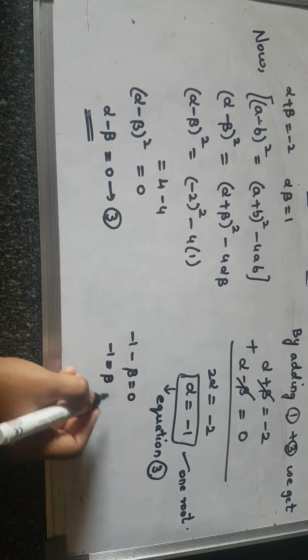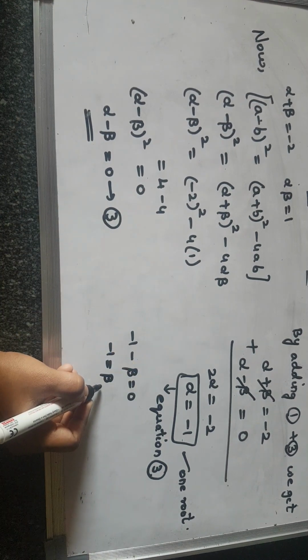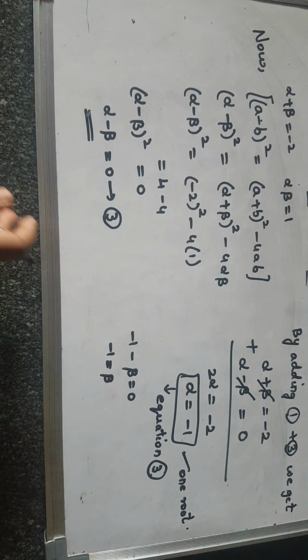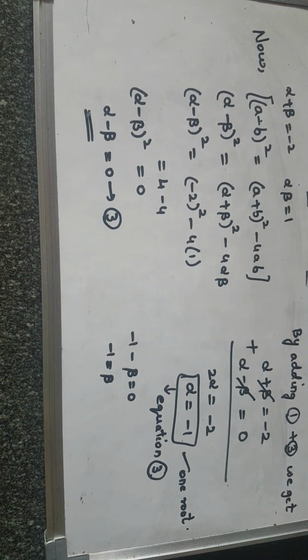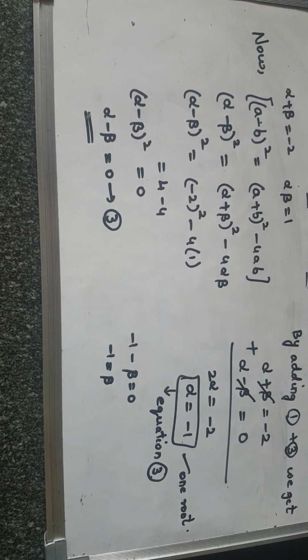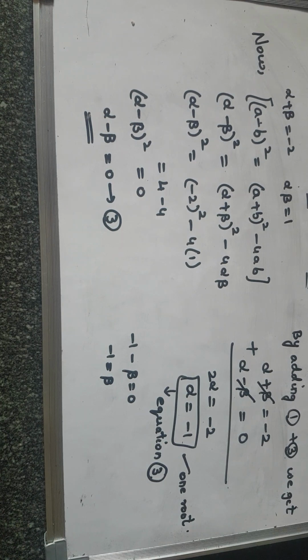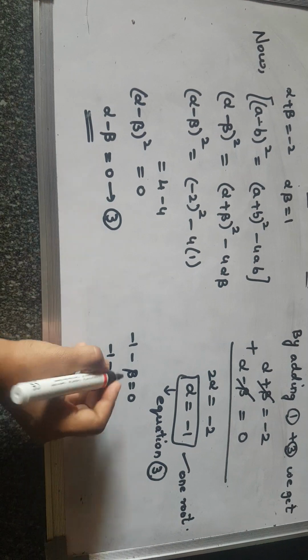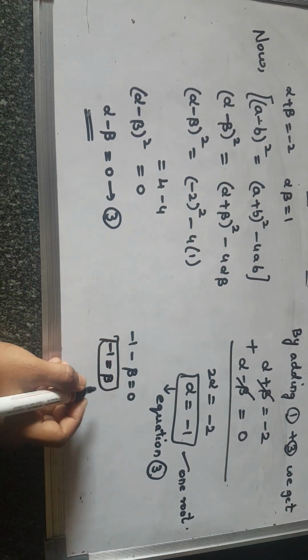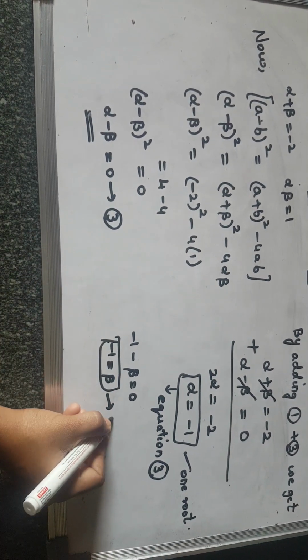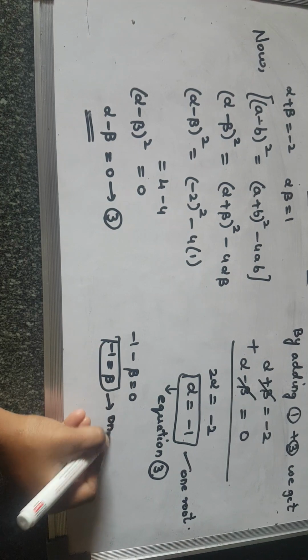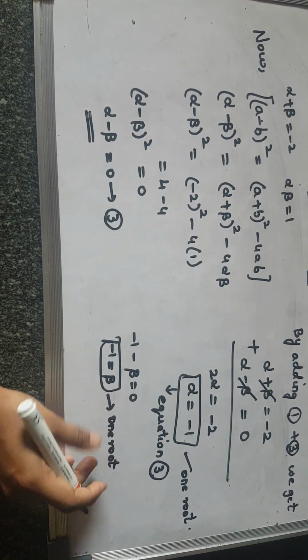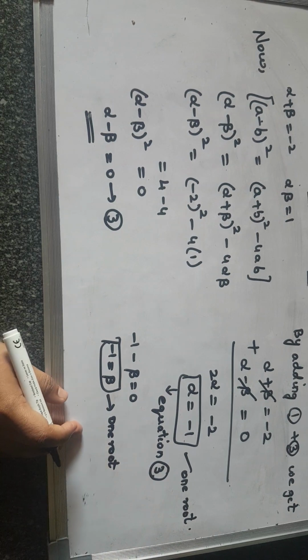Okay, beta value means -1. -1 is the value of beta. So this is another root. This is third root, this is fourth root.